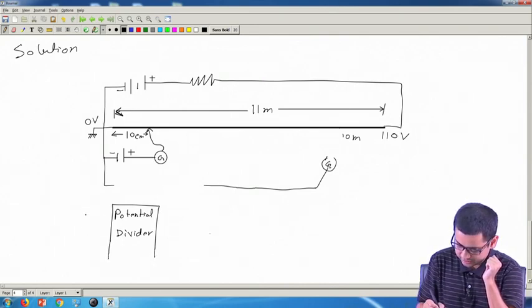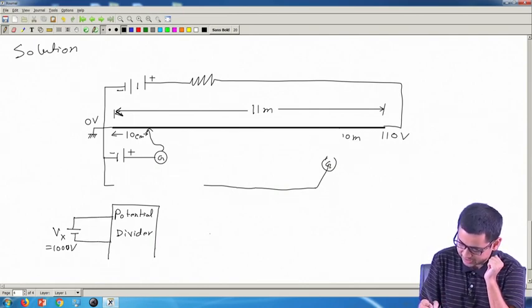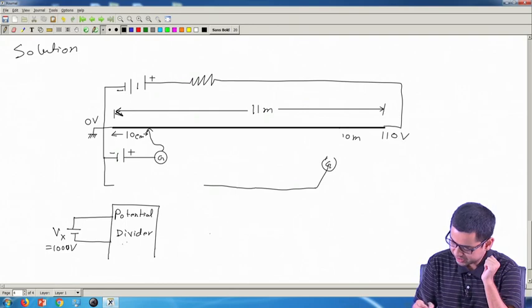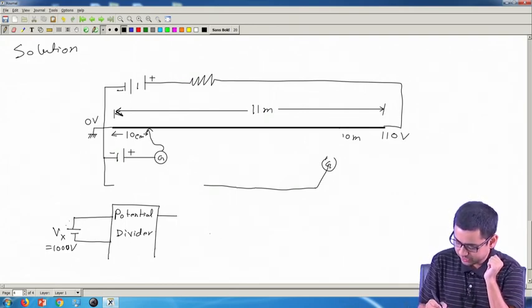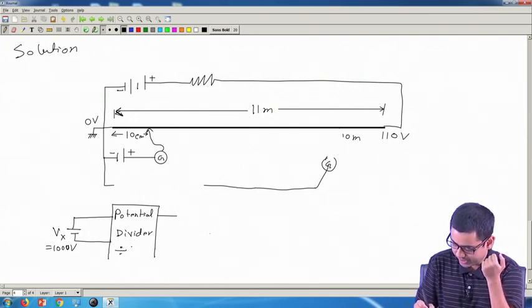Okay, and we will give this input Vx, which is 1000 volt. The function of the potential divider is to divide the input by some factor. Say this divides by a factor of 1000.